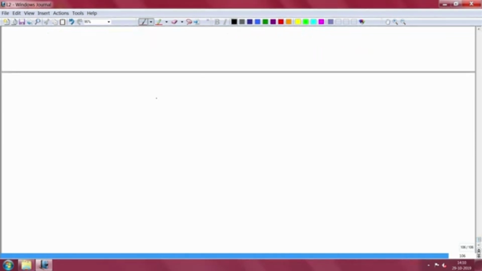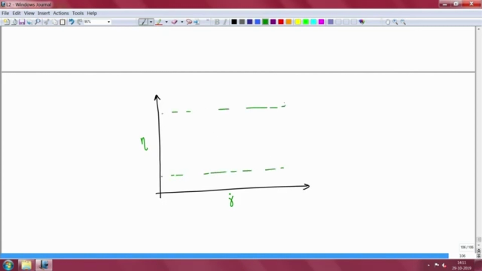I will just draw it here. Okay. So, here this value, this intercept, is also called eta naught, or the zero shear viscosity.